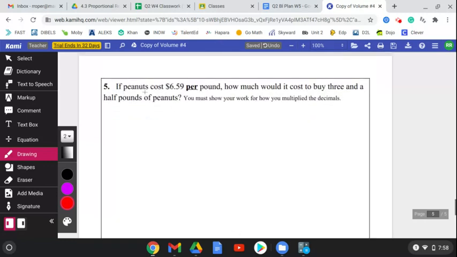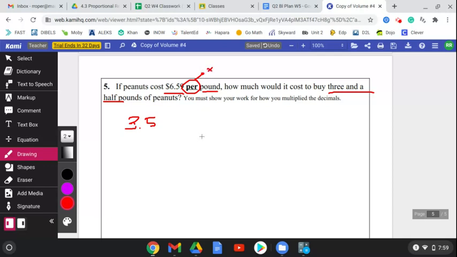Okay, number 5 here, peanuts cost $6.59 per pound. That means it's $6.59 for every pound, and you want to buy 3.5 pounds. So 3.5 as a decimal would look like this, right? 3.5. And if you're buying peanuts per pound, the word per signals that you're going to be multiplying.